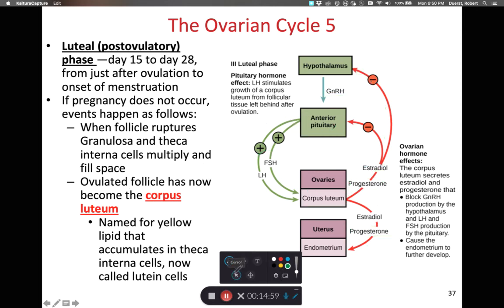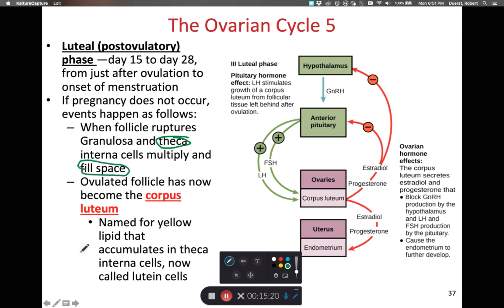The transformation of the follicle into the corpus luteum is going to correspond to the theca cells within the follicle, the theca interna cells, multiplying and eventually filling up the antrum and the space that's been left over from the mature follicle.